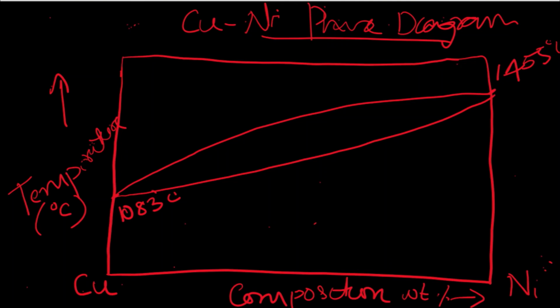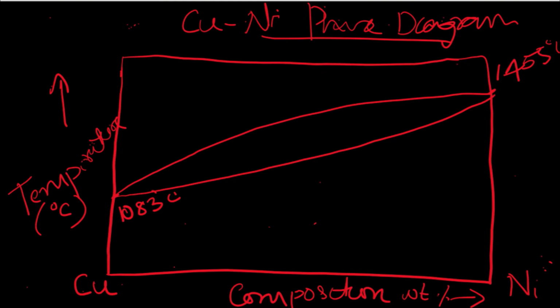Similarly, in the lower curve you can see as we keep on adding copper to nickel, melting point decreases, and finally when it reaches pure copper, it comes to 1083. So along the upper and lower curve, the meaning is that each and every point is an alloy.